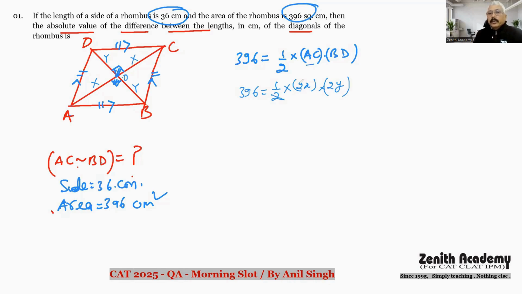So here the 2 and 2 cancel. We can say that 2XY is equal to 396.